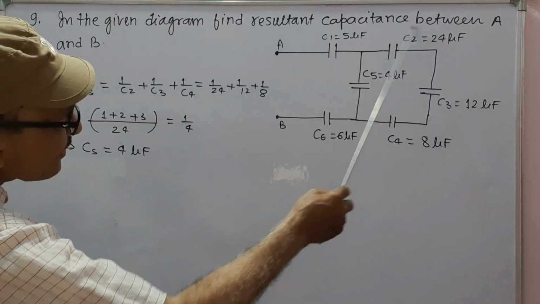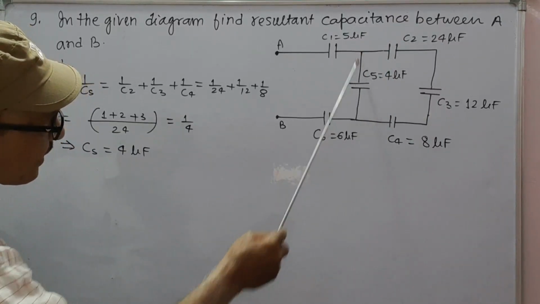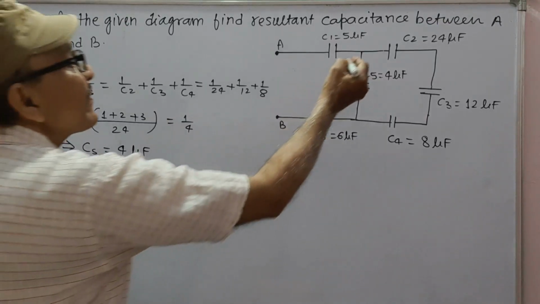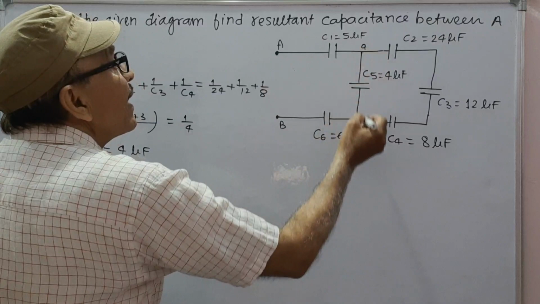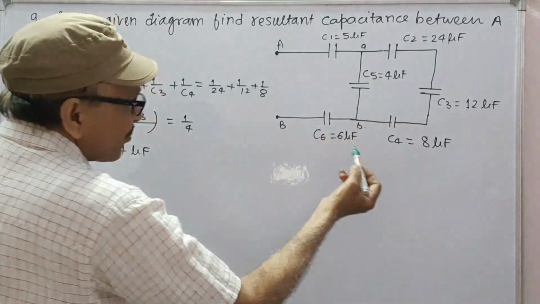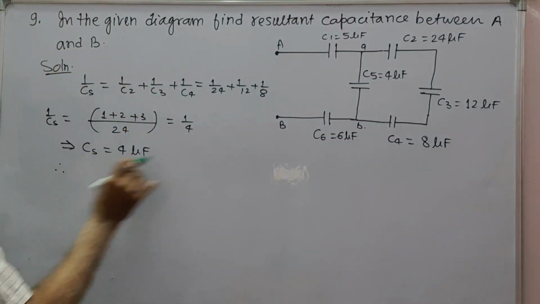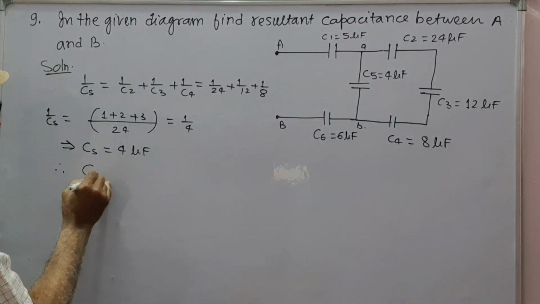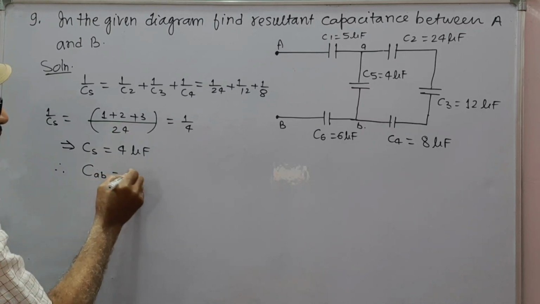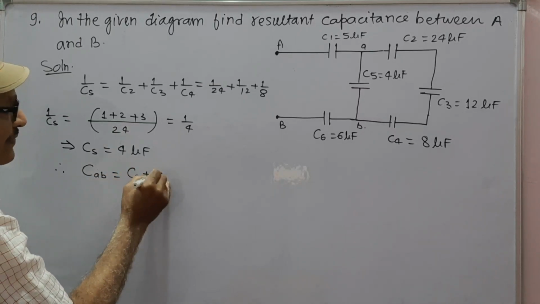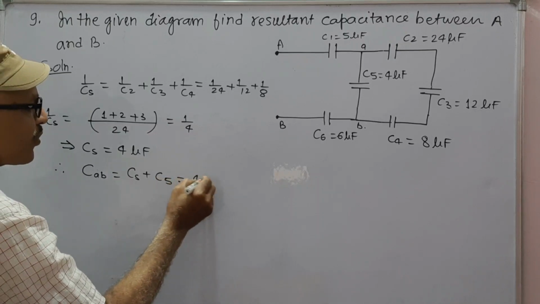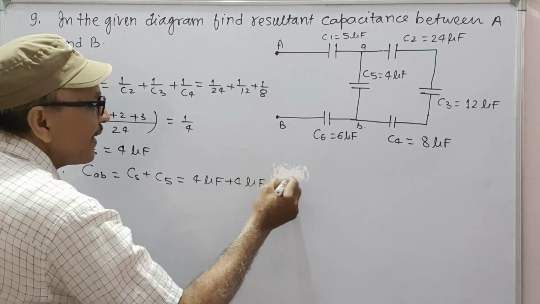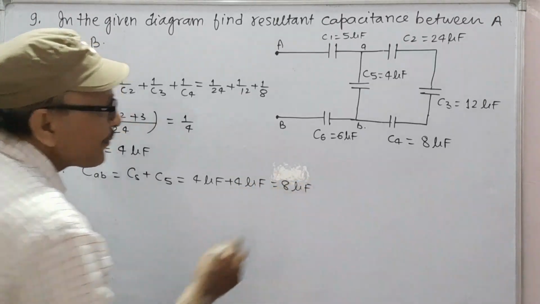Now this resultant 4 microfarad is in parallel with C5. Suppose this is point a and this is point b. So the resultant of these two parallel capacitors, C between A and B, will be equal to C series plus C5, which is 4 microfarad plus 4 microfarad means 8 microfarad.